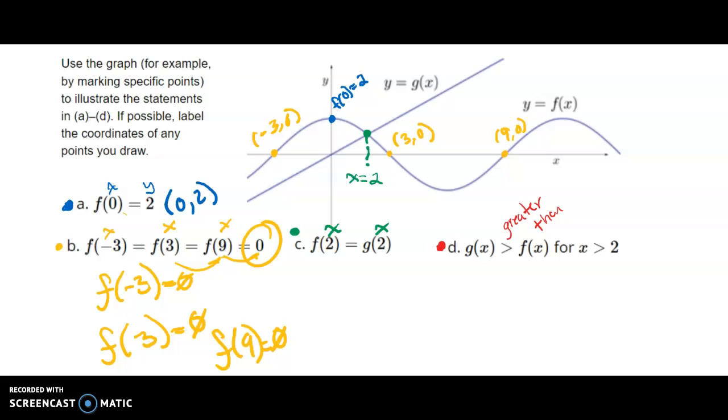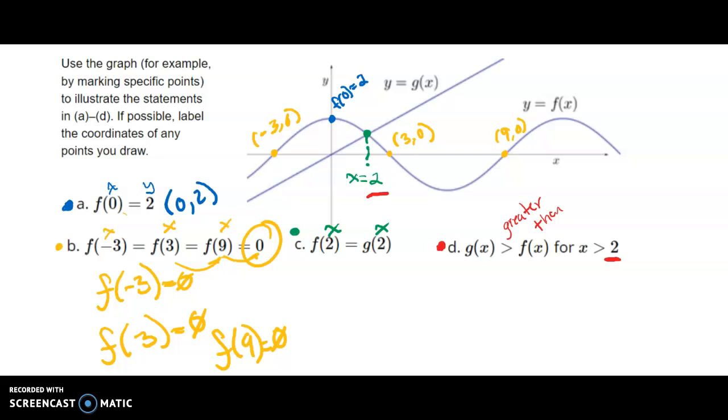Remember, x is just a placeholder, so if I wanted to make sure this was true, I could plug in 4. Is 4 greater than 2? Absolutely. Is 6 greater than 2? Absolutely, 100%. But is a negative 2 greater than a 2? Absolutely not. So I know it has to be more than 2. So I need to have my x values greater than 2.